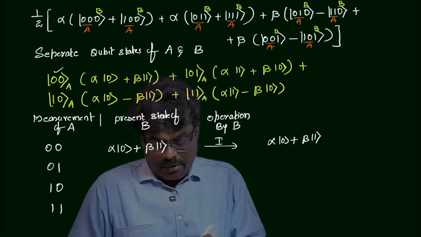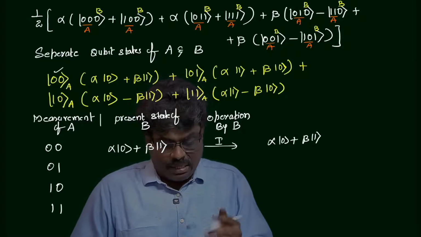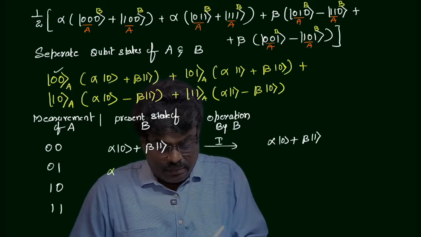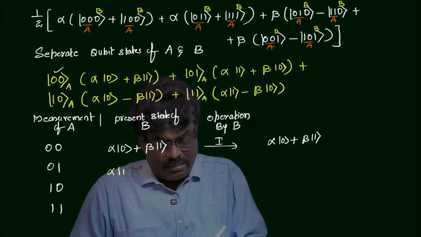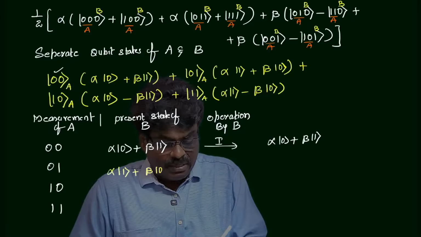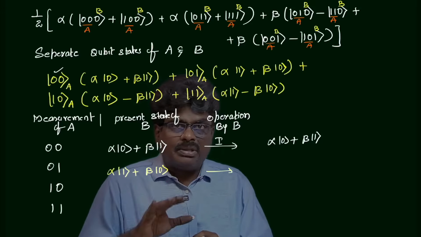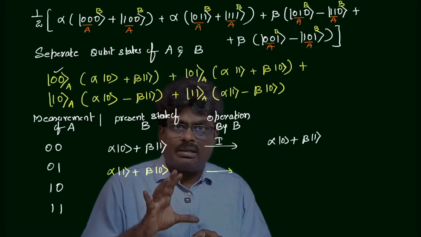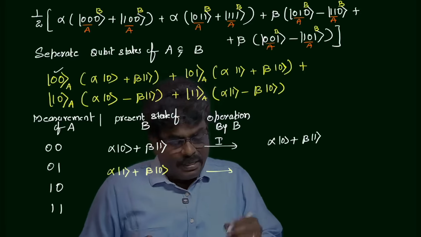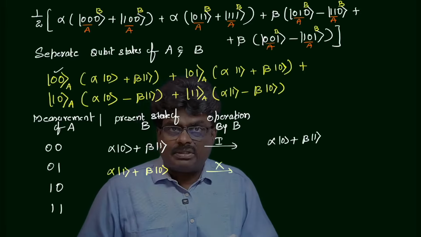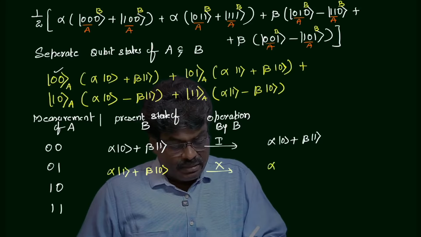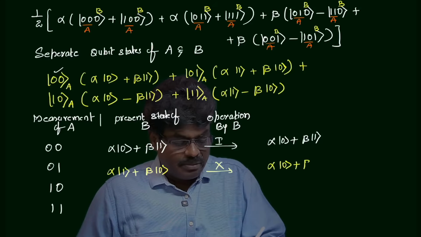Next he got 0 1 and passed this information. Then the present state of B is alpha 1 plus beta 0. Once he knows that after the measurement by A he got 0 1, then immediately he will apply the X operation. So that is alpha 0 plus beta 1.